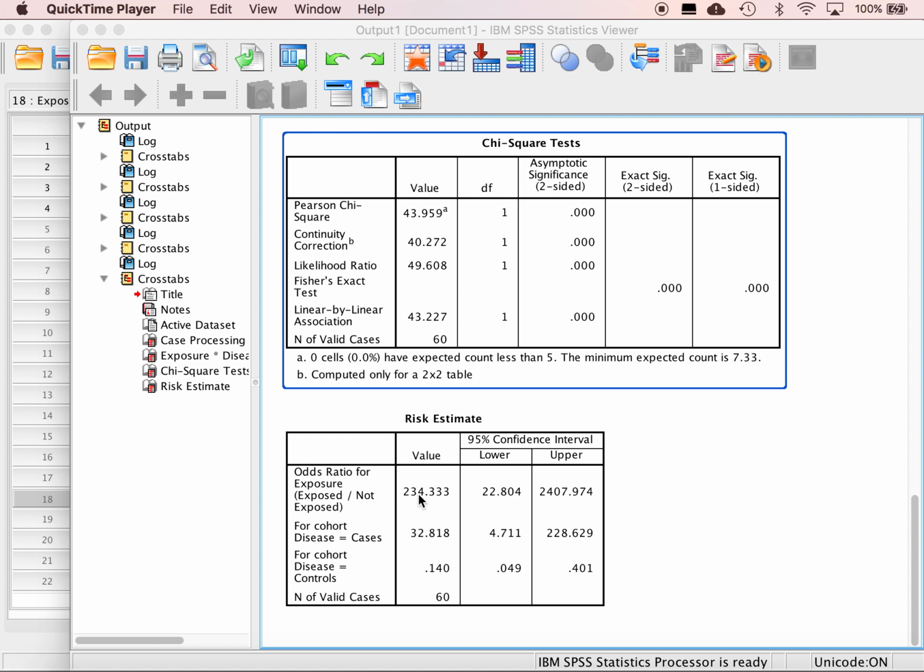And so if there is no relationship, then knowing something about the exposure doesn't really tell us anything about the outcome. The alternative hypothesis, on the other hand, is that there is a relationship between those two.